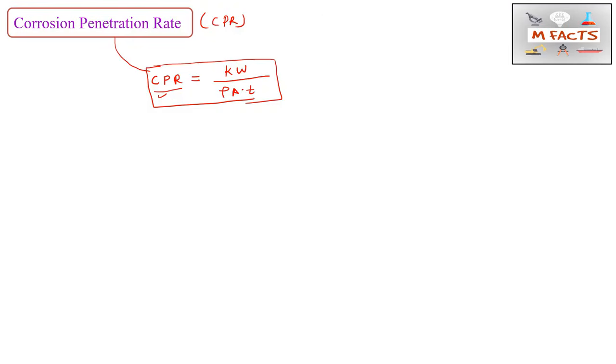So what is this K? K is basically a constant. I will tell you later about this K. W is the weight loss after exposure time T. This rho is density.